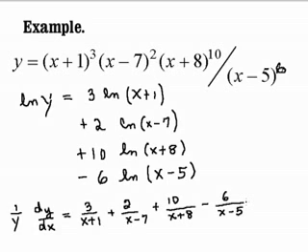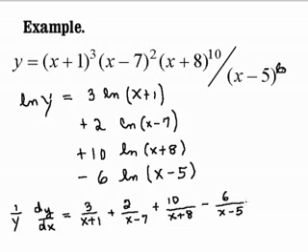Now we take the natural log of both sides, and we use those wonderful properties of the logarithm function. So the natural log of y is 3 natural log of x plus 1, plus 2 natural log of x minus 7, plus 10 natural log of x plus 8, minus 6 natural log of x minus 5.